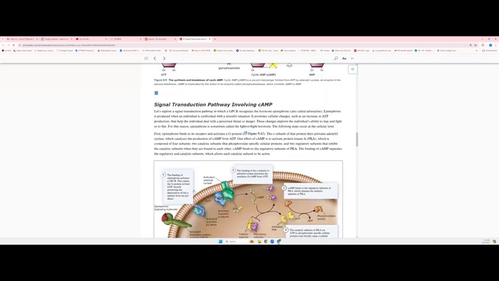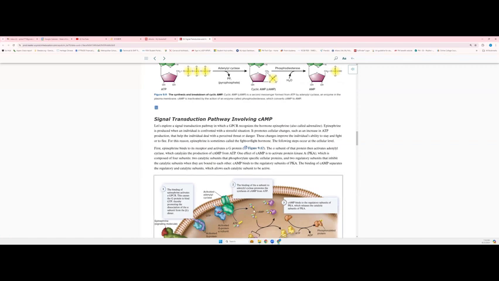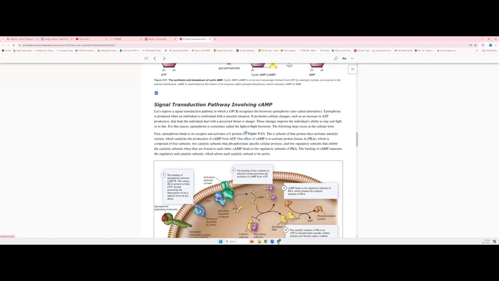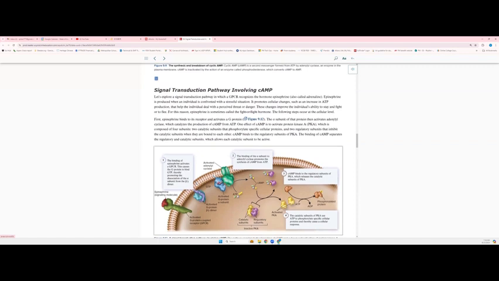So how does this thing work? How does the whole pathway work? First, epinephrine will bind to this GPCR, and this binding will activate this receptor. We activate GPCR, and then at the same time, we'll activate this G protein.